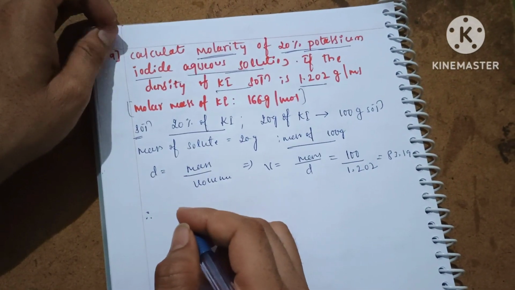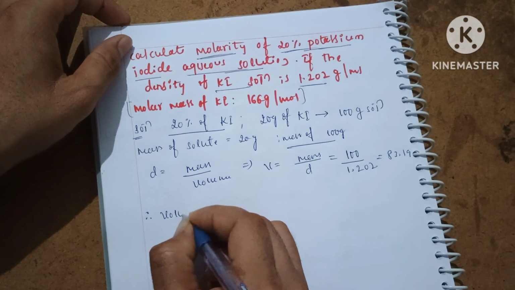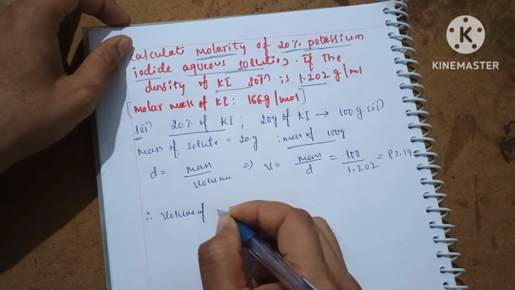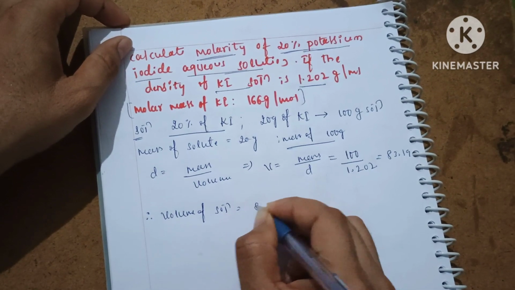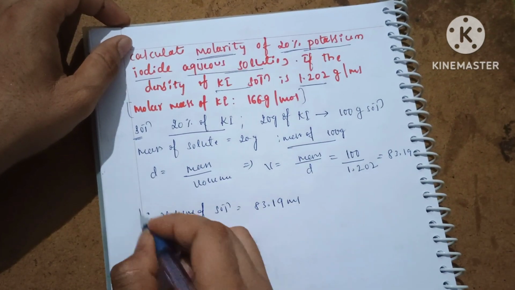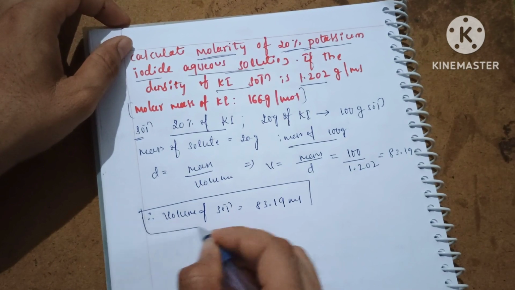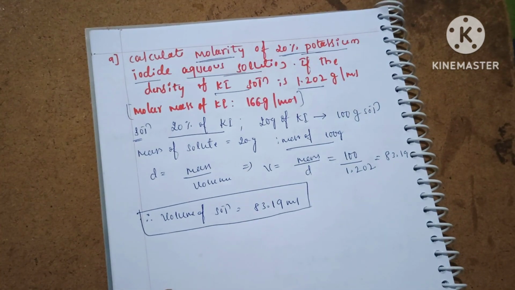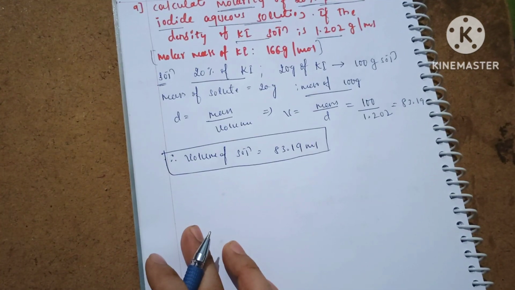Now we have got the volume of solution. Therefore, volume of solution is equal to 83.19 ml. This is in ml, not in liter. Now we can easily calculate the molarity of the solution.